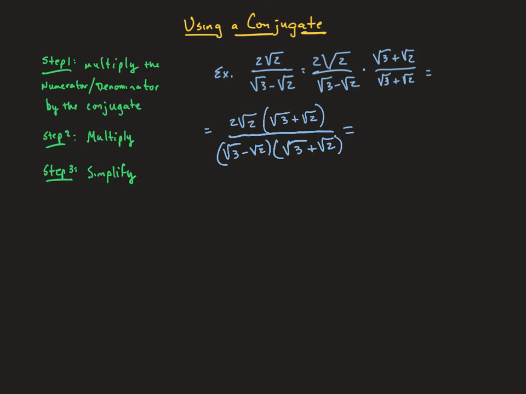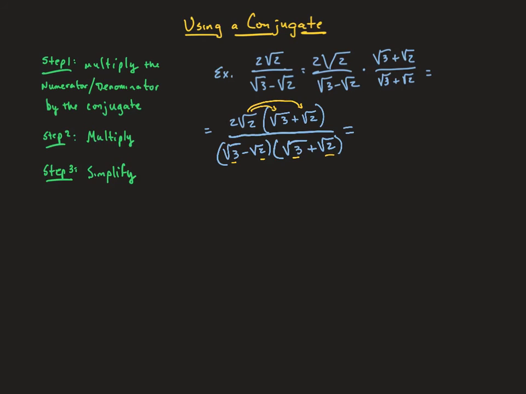I wrote it this way just so you can see that we're using the distributive property. I'm going to multiply that times both terms, and then in the denominator I have 4 terms, so I'm going to end up using the FOIL method, or whatever method you like to multiply binomials by.